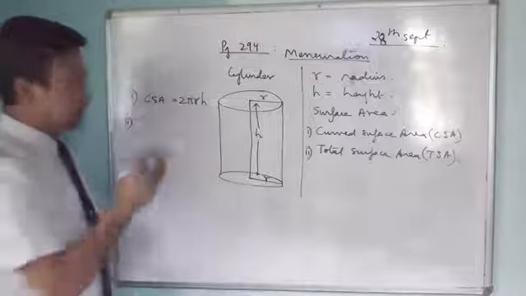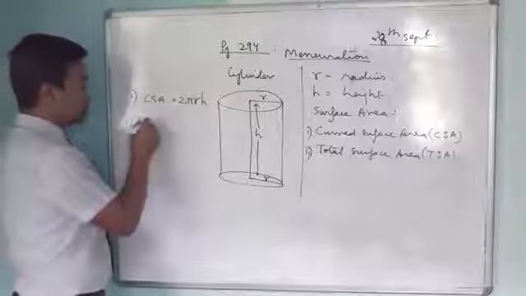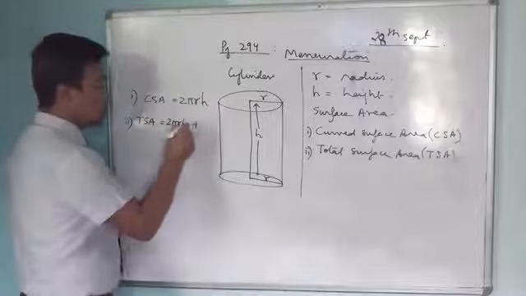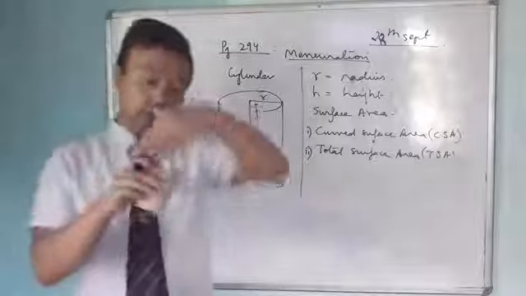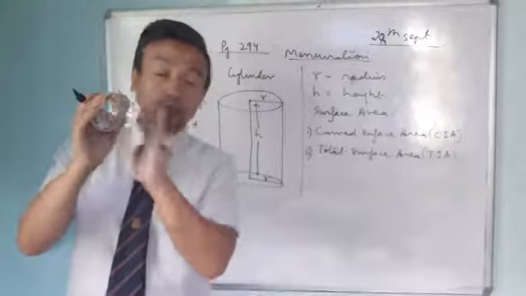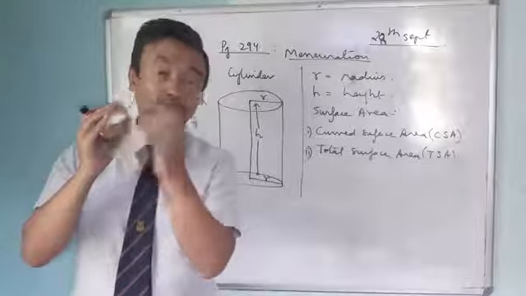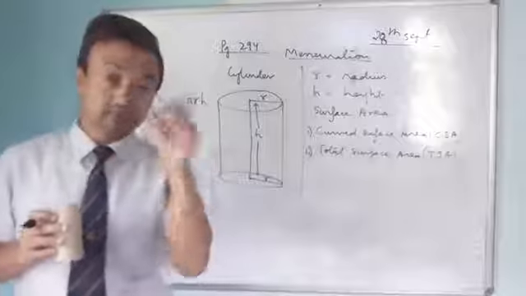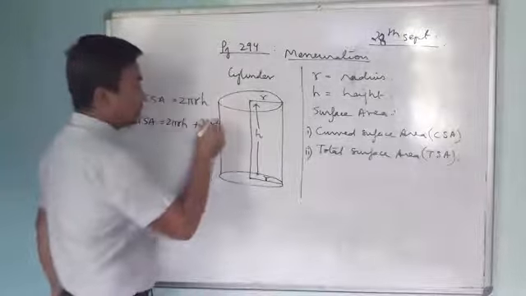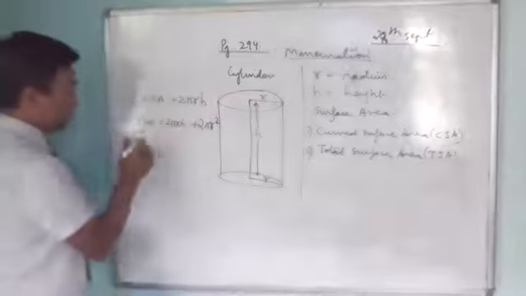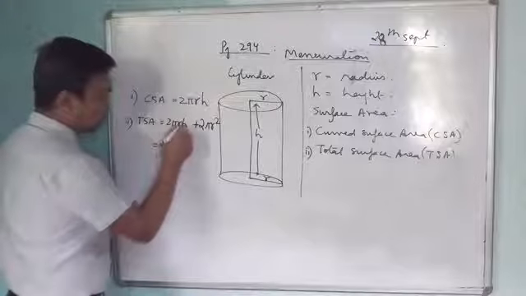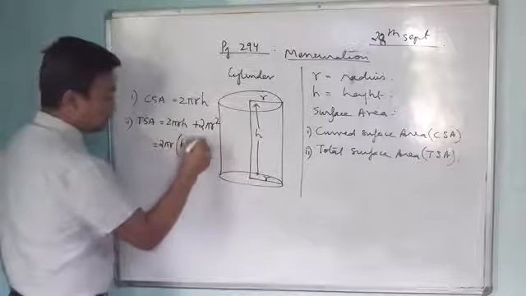And the second is the total surface area. In the total surface area, you take the curved surface area, this on the side, plus the area of this face and the area of this face. These two faces are circular, and we know that the area of the circle is pi r square. Since there are two faces, it will be 2 pi r square. Now you can take 2 pi r common, bracket open, h will be left here plus r will be left here.